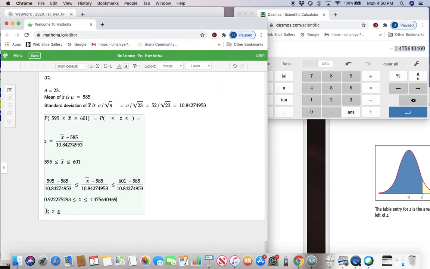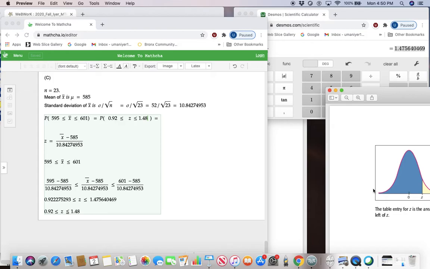Now at this point I can approximate. That's 0.92, the following digit is 2, so no change, 0.92. Here 475, so I'll make it 48, so 1.48. So here is 0.92, whereas here is 1.48.